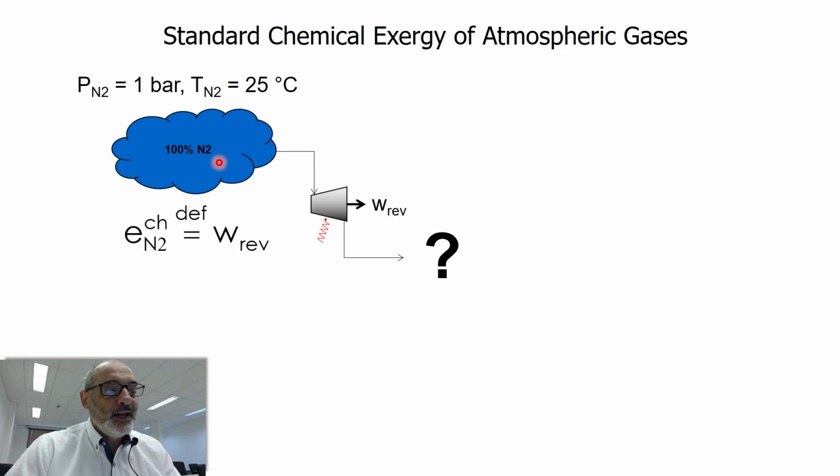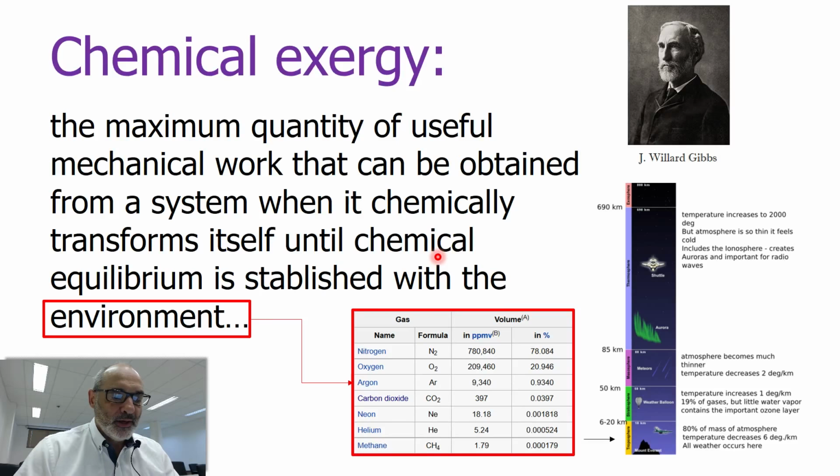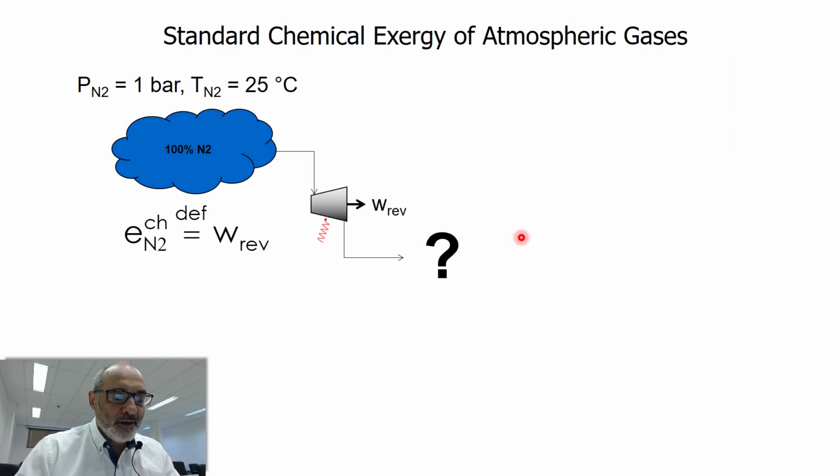So, what can I do? I know that if I have N2 at 1 bar, and if I release it to the environment, the concentration of N2 in the atmosphere is 78%. This means that its partial pressure is 78% of 1 bar, which is the environmental pressure. So I have a lower nitrogen pressure here, and this means that I can expand this nitrogen to the atmosphere and obtain work.